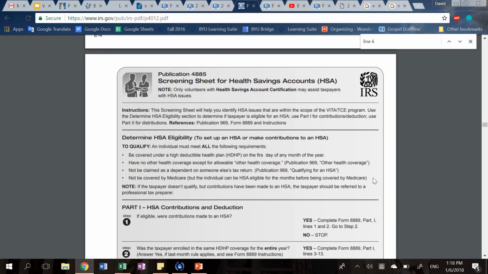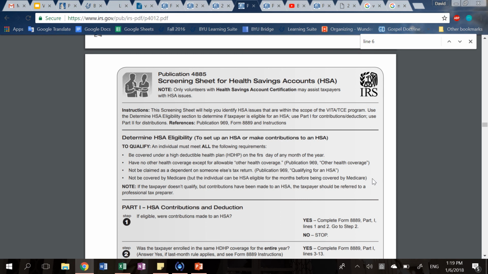So if they meet all of those requirements on the first day of the month, the first day of February, for example, then any contributions they make in February will be tax deductible.